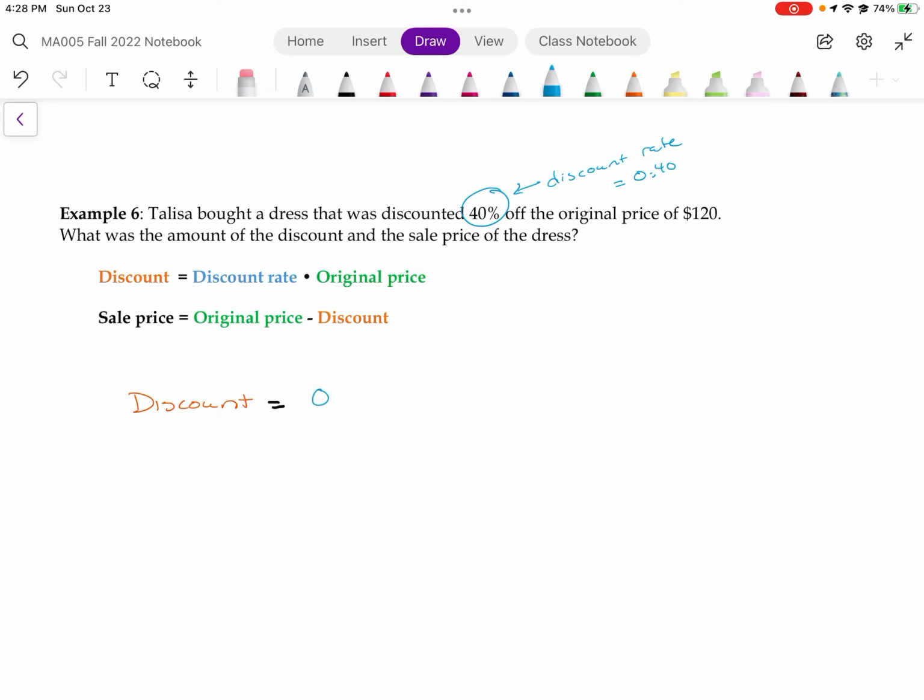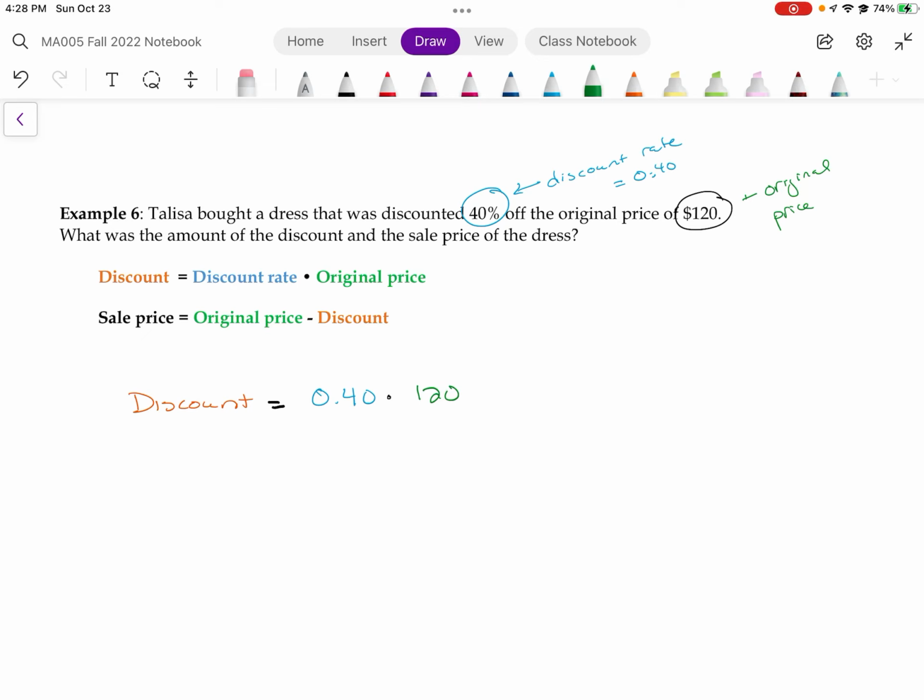Okay, so the discount rate is 0.40, or just 0.4 is fine, times the original price. So this is the original price. So be careful you've got all this clear. The original price is $120.